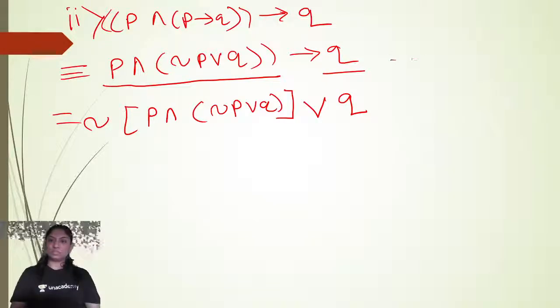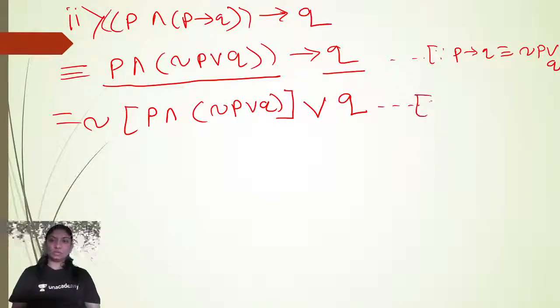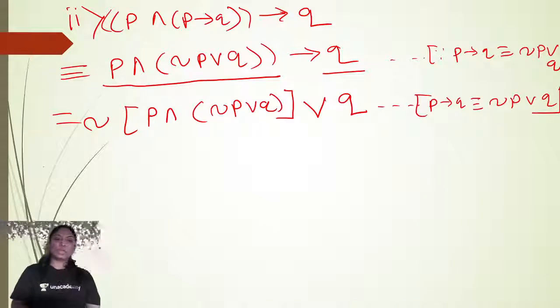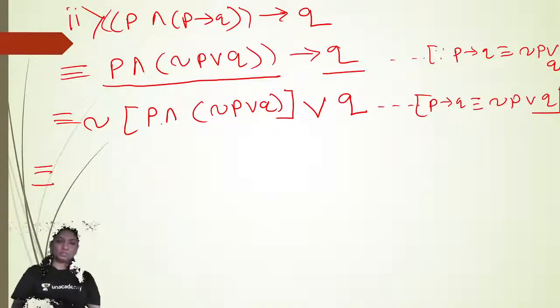Again, an equivalent statement here, since P implies Q is equivalent to negation of P or Q. Here is also the same reason. P implies Q is equivalent to negation of P or Q. Right? So this is equivalent to negation of P and negation of P or Q, or Q. So distribute this negation sign.